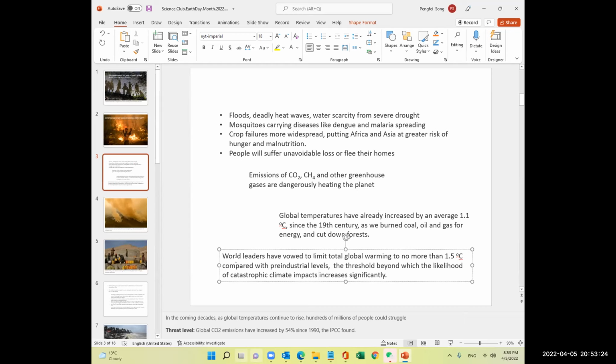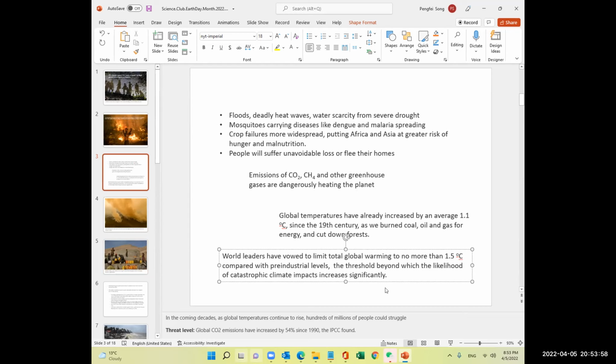Even though world leaders have promised to limit total global warming to no more than 1.5 degrees Celsius by the end of the century, it's going to be very challenging. According to this report, unless we think of something transformational, it's very unlikely that we can reach that goal, even though there's still hope.